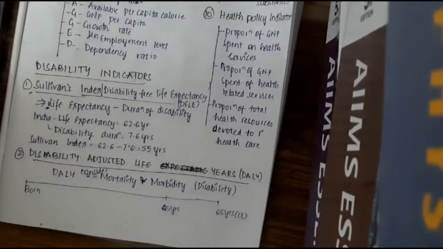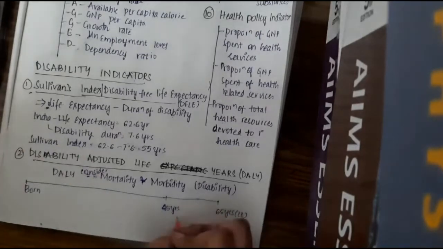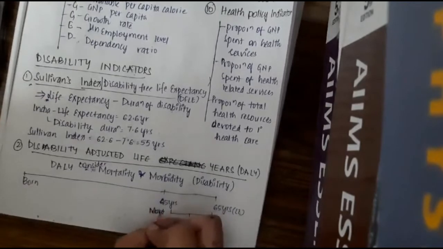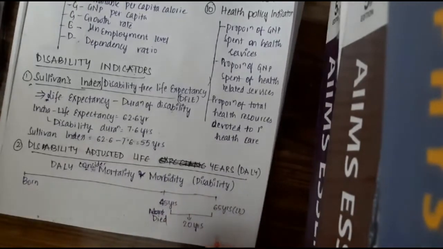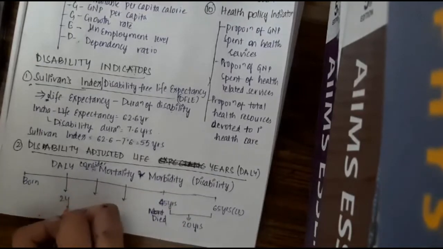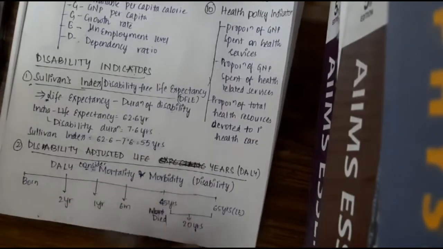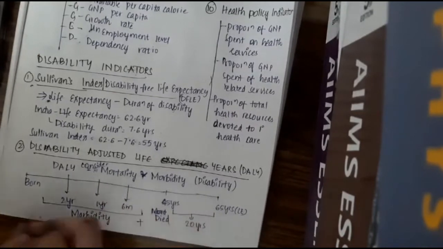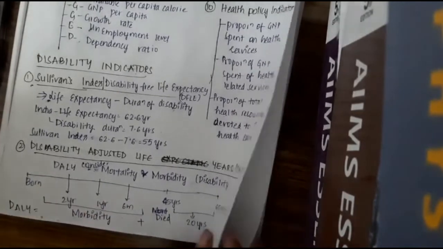So the person is born and he died around 45 years while his life expectancy is actually 65 years. So he dies almost 20 years prematurely, right? Now he has some morbidity present for around 2 years in the middle of his life, 1 year in the middle of his life, and 6 months in the middle of his life.